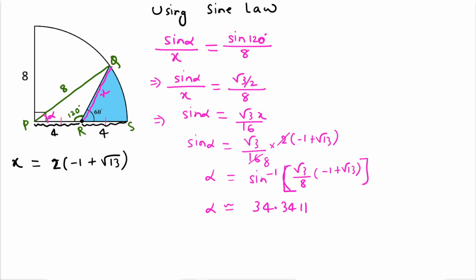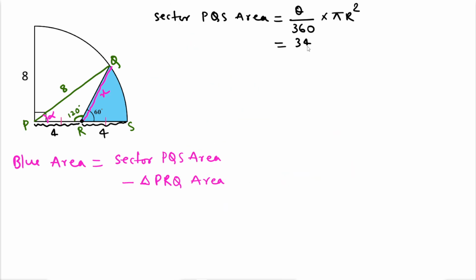So we have calculated the alpha value as 34.3411. So we will write here 34.3411 by 360 into pi, and r is 8, so it will be 8 square. Okay, and we will solve it, then we will get a value 19.18 unit square. You can check it yourself also.